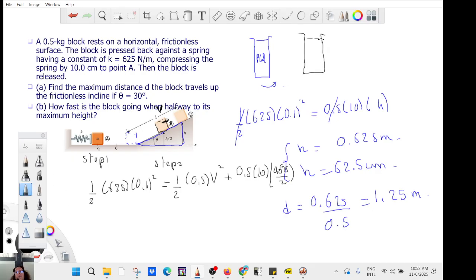So some of it will be gravitational potential energy and some of it will be kinetic energy, but the total amount will stay the same. Agree? Right? You can cancel the mass here. So you can isolate v.